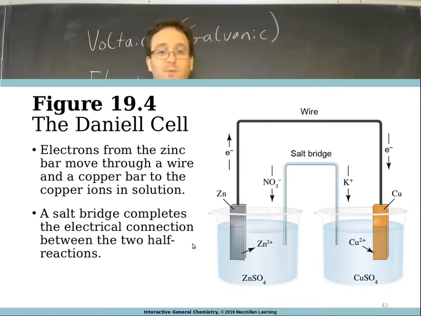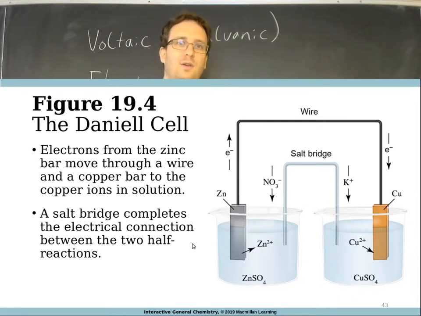So there's a couple more important and interesting things about this example of a cell. So first of all, if a solid reactant is not a part of the chemical reaction, then one or both of the electrodes can be made of any conductive but chemically inert material, such as graphite or platinum. So in other words, we don't really need a big bar of copper over on the right side.